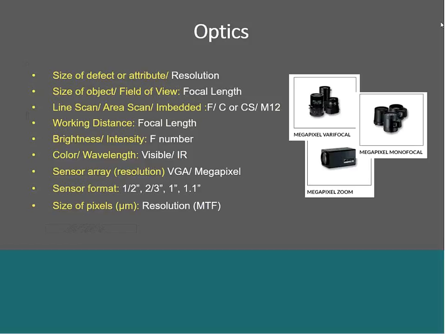Whether it's a line scan, area scan, or embedded, that's going to be usually the size of the lens, the working distance, going to the focal length, and also to some degree the field of view. And the brightness is going to be the F number, and whether we're going to select a visible light, an IR, or some special type of lens. So these are all the factors that we consider when looking at selecting our lens.